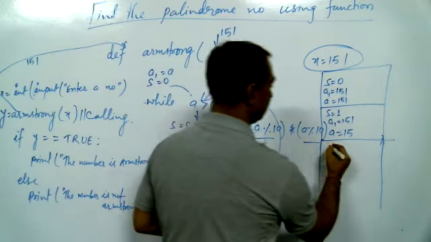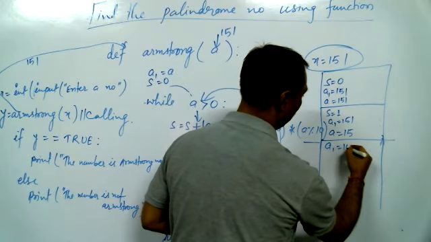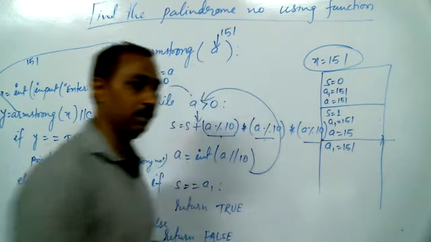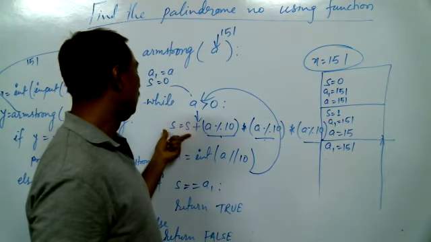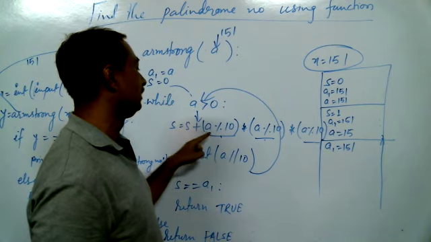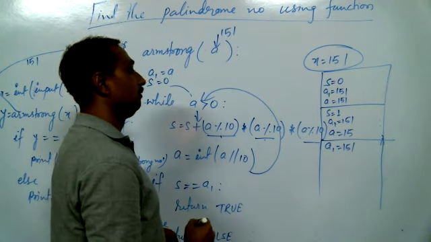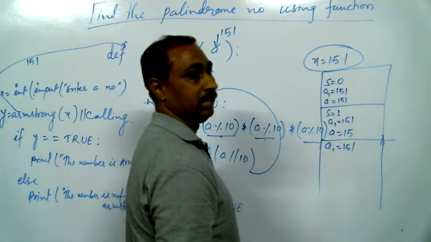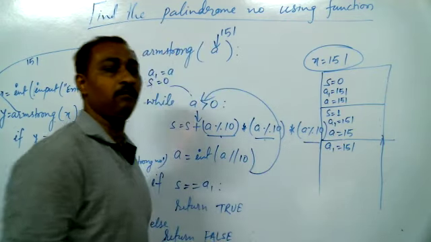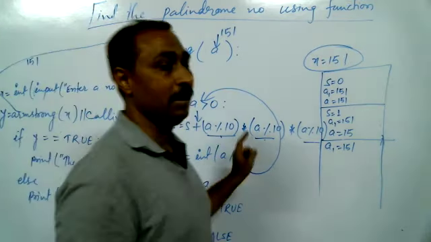A1 will remain the same, 151, because we are not performing any operation. So S is 1, equal to 1 plus, now the remainder will be what? 15 divided by 10, we will get 5 as the remainder.